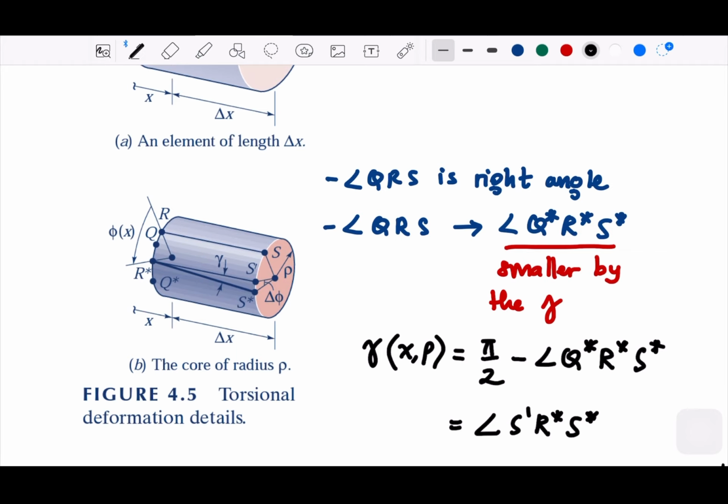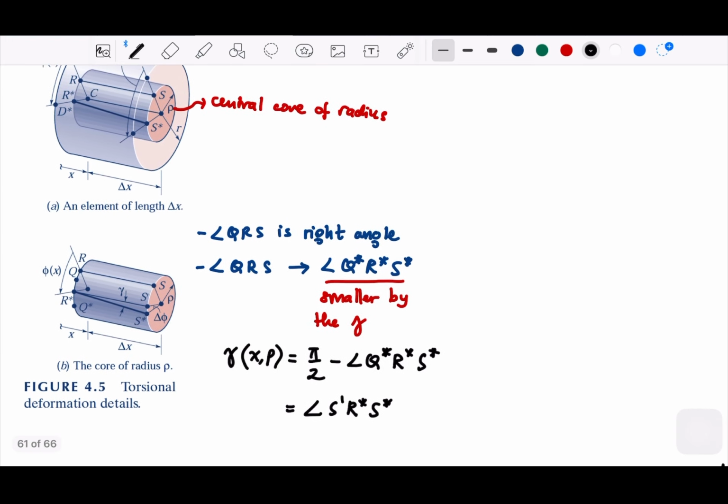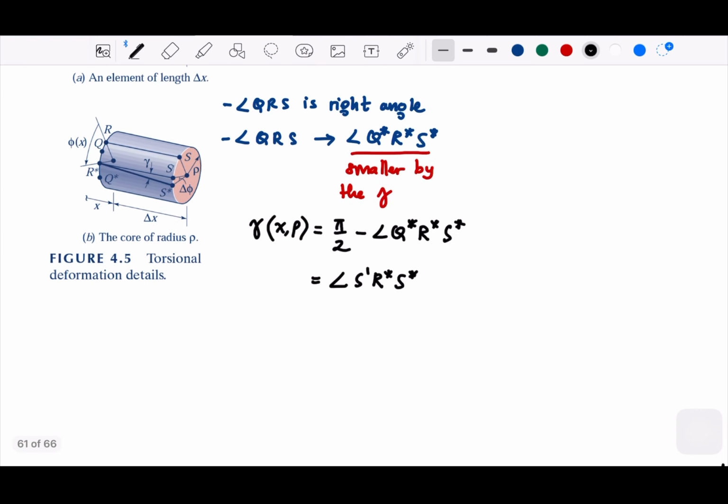And then remember that because the angle is very small, since this shear strain is very small, the sine and the tangent will be very close in value.